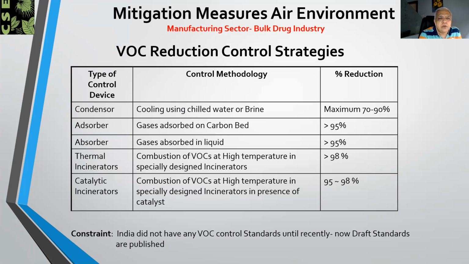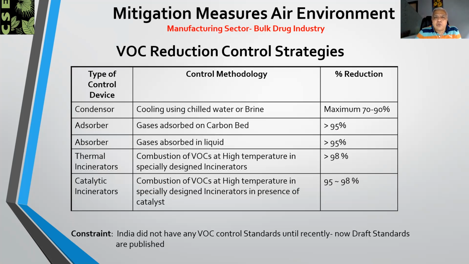Most of the units also have installed scrubbers. Now, for VOC reduction, there are different options available which are better than the condensers. We can go in for an adsorber. An adsorber is a system which uses activated carbon to adsorb the organic compounds on its surface.